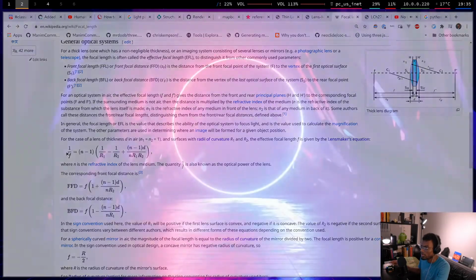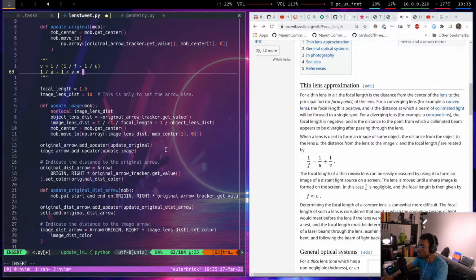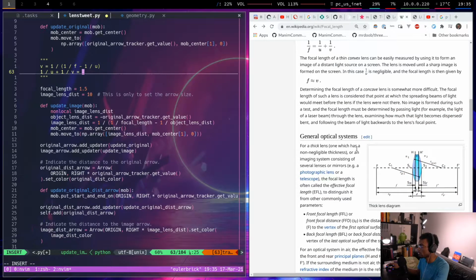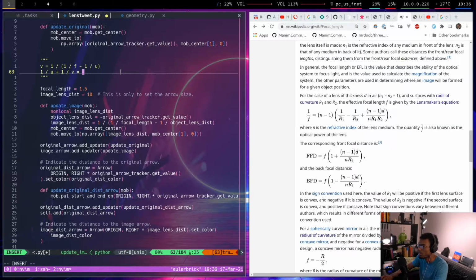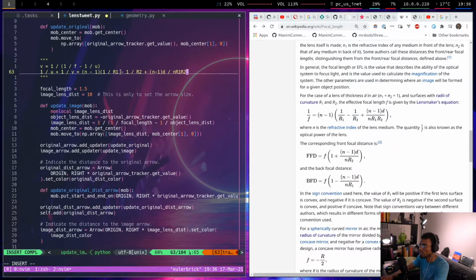So I'm going to say this equals (n minus 1) times (1 over r1 minus 1 over r2 plus (n minus 1) d over n r1 r2). Close.